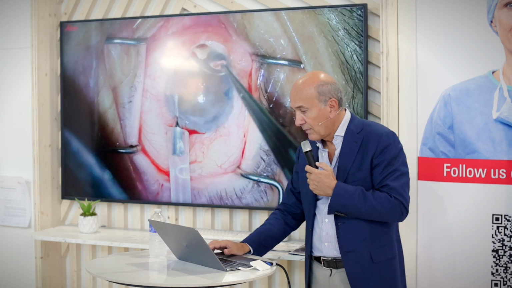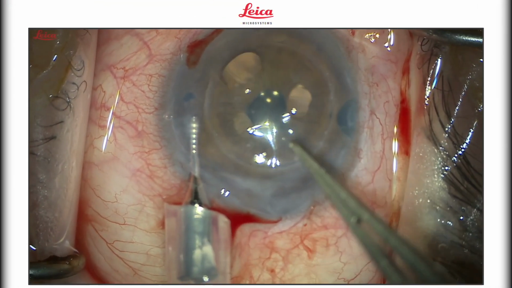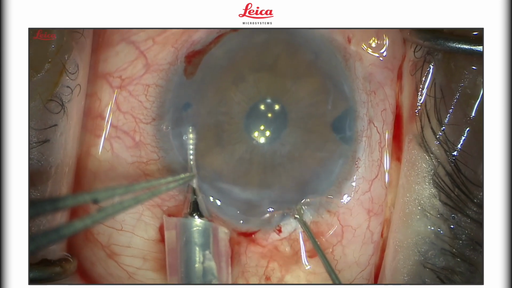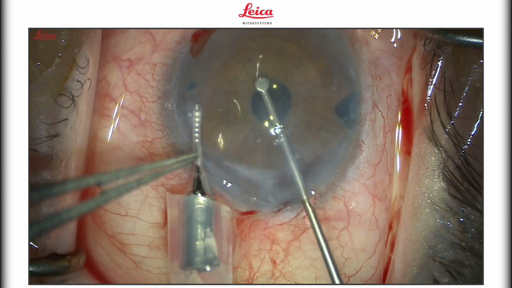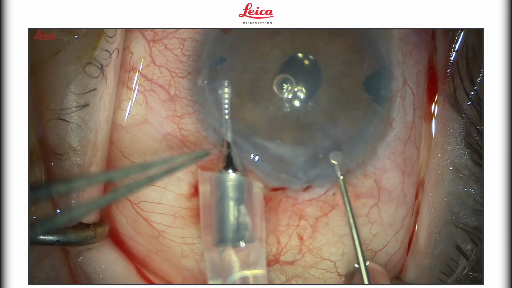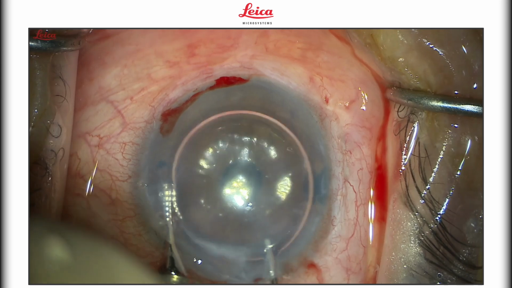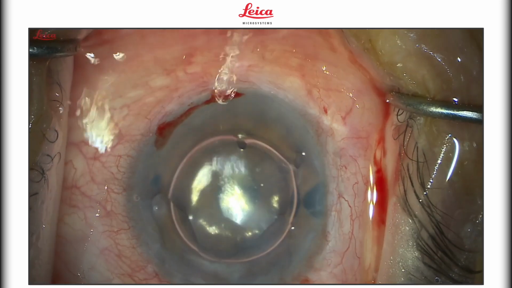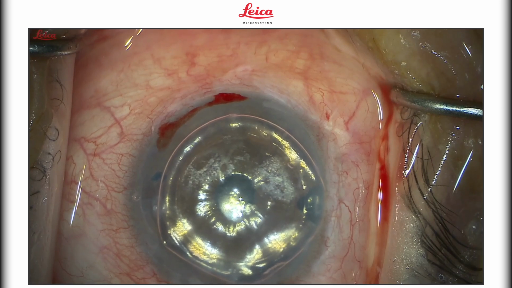Okay, here is an example. The EndoArt is placed on the cornea, correct orientation, introduced inside the eye, and once it's there, spontaneously unfolds. And then what you do is actually you elevate the implant to adhere to the posterior cornea.